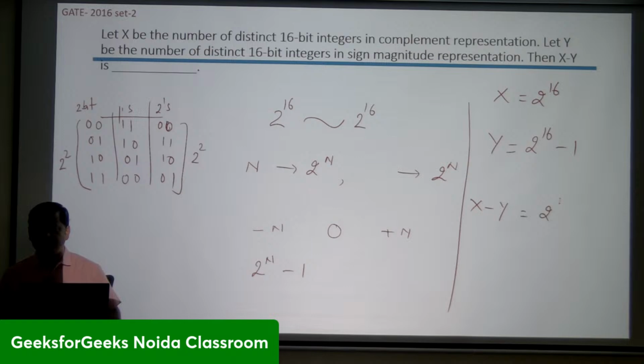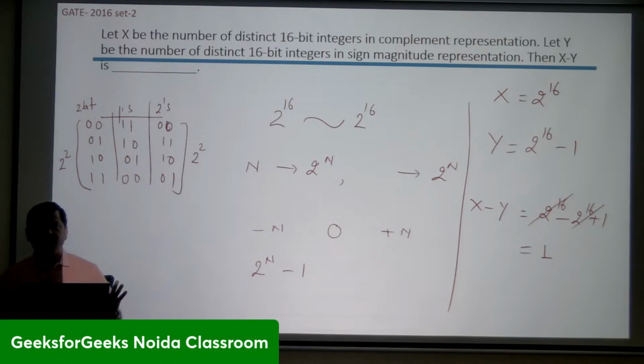So it is 2 to the power 16 minus 2 to the power 16 plus 1. The terms cancel out and the outcome is going to be 1 only. Very simple question, but it has to be thought through logically.